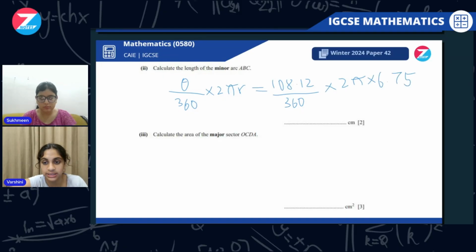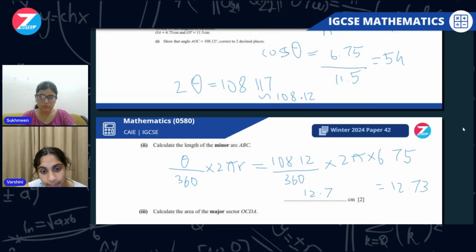Now just put this into your calculator, and for pi, just use the pi button, and you'll get 12.73. Remember to round it off to three significant figures. That'll be 12.7.